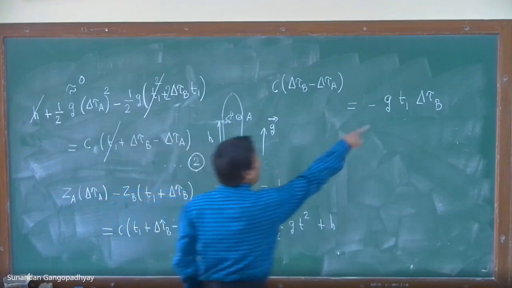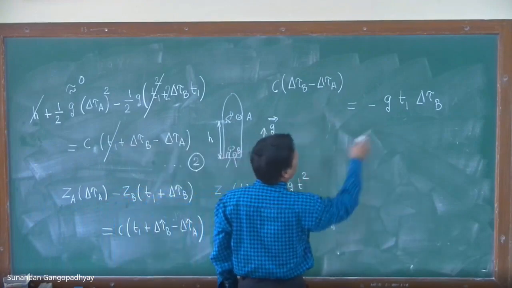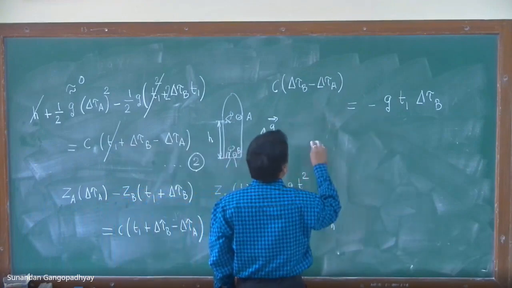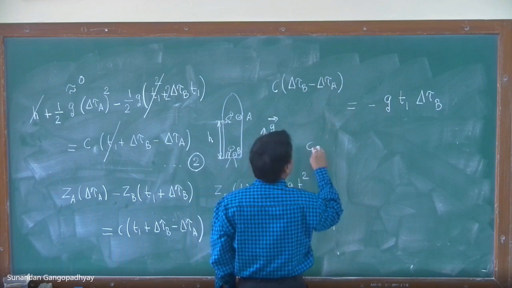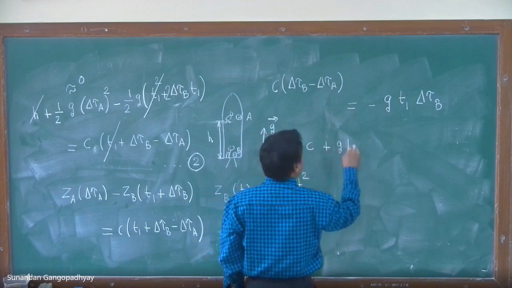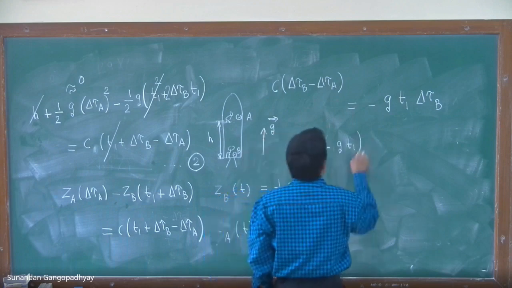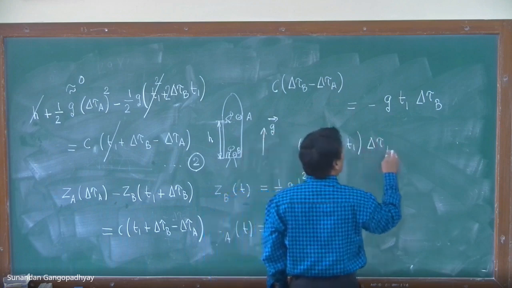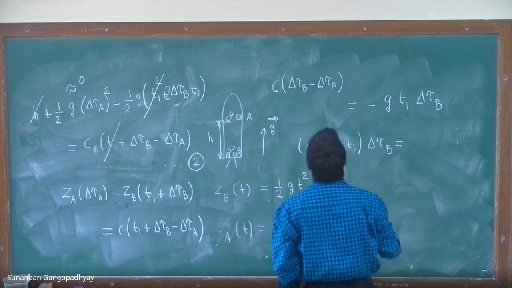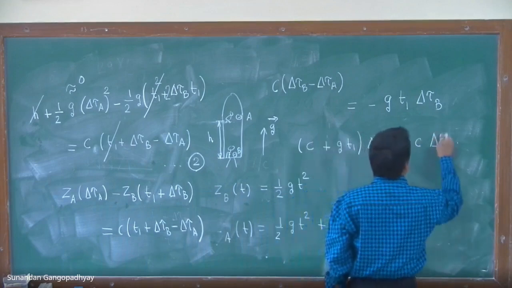Okay. From this nice equation, you can take this on the other side, and we can write this as C plus GT1, that is multiplied by delta tau v, is equal to C delta tau a.